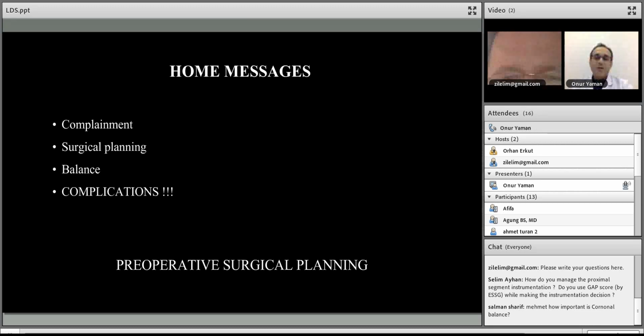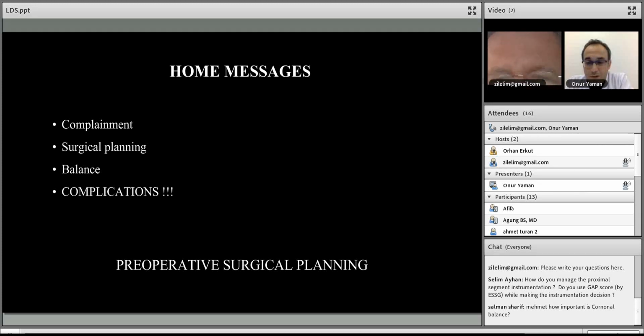The GAP score has been defined by Ahmet Alanay and his friends, and I think it will work. So we have to use that because in many cases, and also in their paper, they have shown that there is really a relationship between the GAP score and the proximal segment instrumentation. So we have to use that.